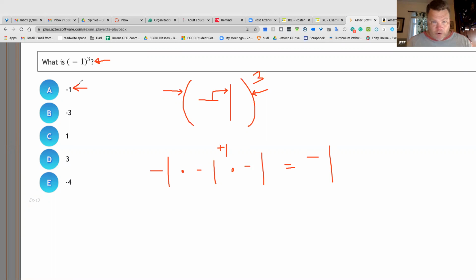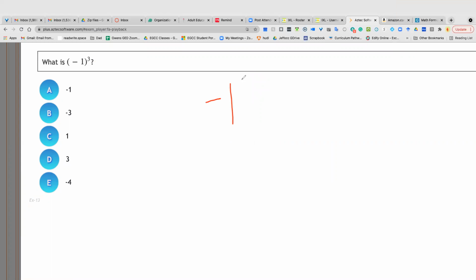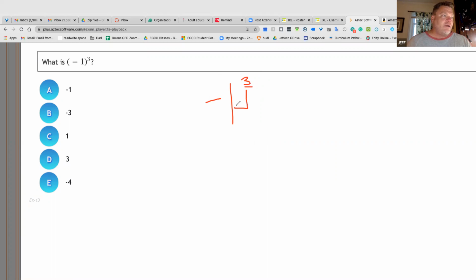Now here's the tricky part. The tricky part is if they had written it like this without the Scotch tape, which is the parentheses, then things would change. So this says repeat the 1 3 times. Now the answer is going to turn out to be the same, but most of the time it's not.